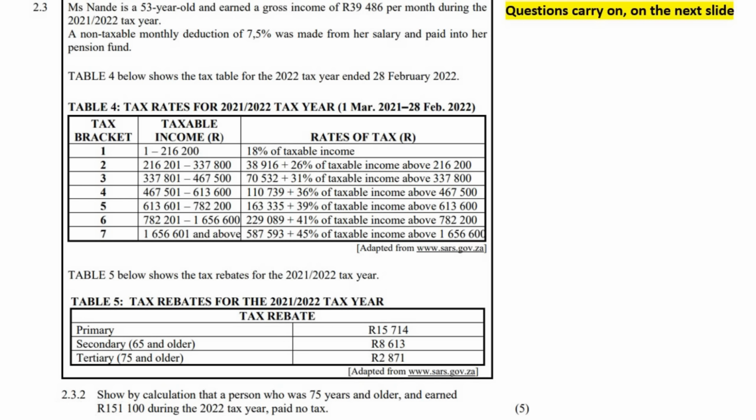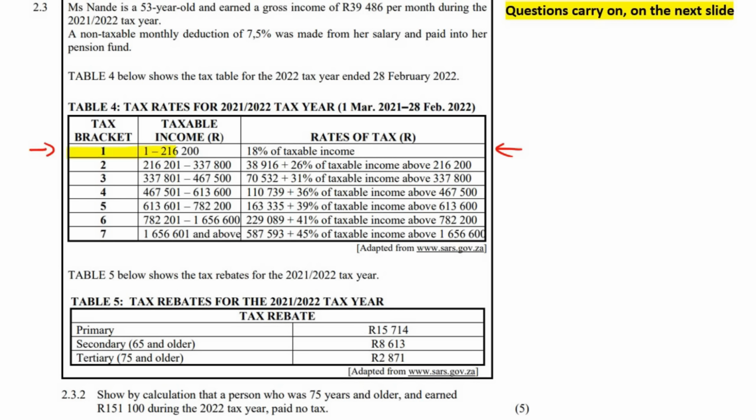So this person earned 151,100 rand. You've got to figure out which tax bracket that is. If you're earning 151,100 for the whole year, then that puts you into the very first tax bracket, where you're earning anywhere between 1 rand and 216,200. So this person is in this tax bracket over here.